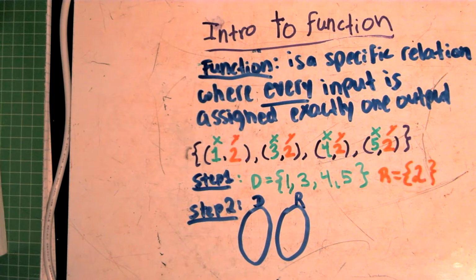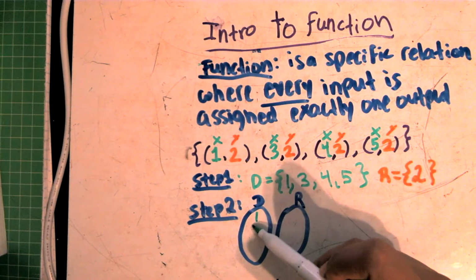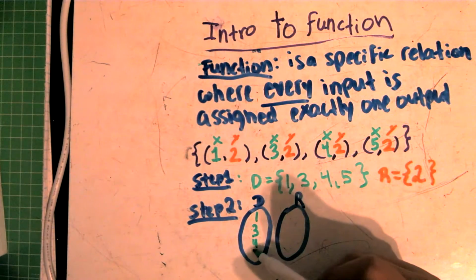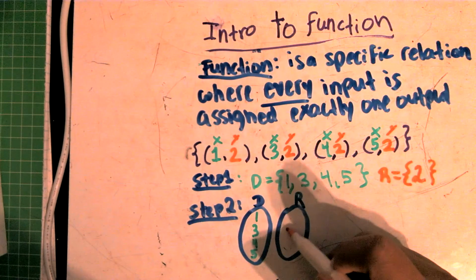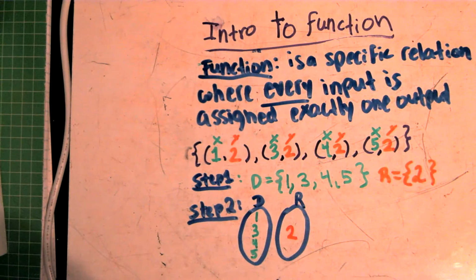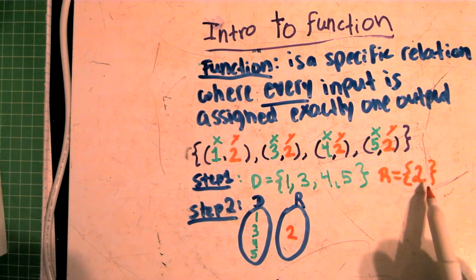And what I did in step 1 I'm going to put vertically into my bubble. So this bubble represents all of the elements in the domain for this relation. And then I'm going to do the same thing. I'm going to put the 2. This is the only element in the range. As you can see, I'm not repeating, just like I don't repeat in step 1.